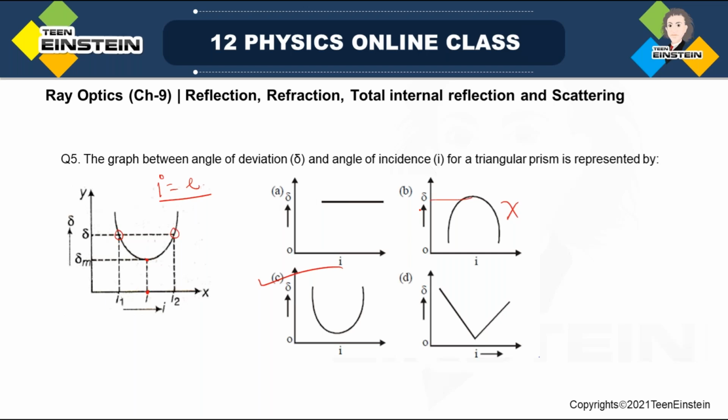While working with a prism we first have to find the minimum angle of deviation and the corresponding angle of incidence, which is important to carry out any experiment with a prism. So we should remember this variation for a triangular prism.